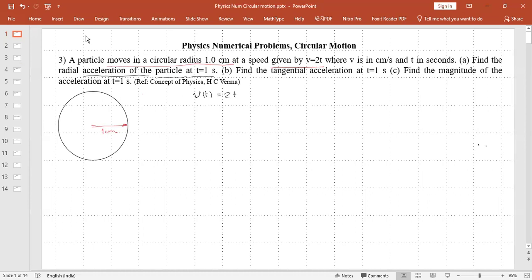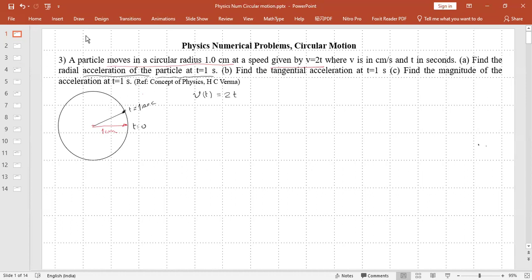Say at t equal to 0 second the particle starts here, and at t equal to 1 second the particle is here, and they wanted to find out the radial acceleration.